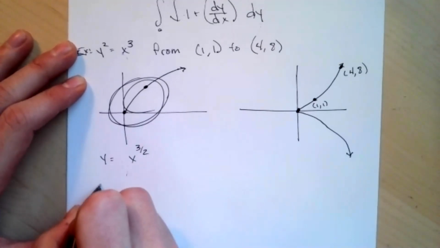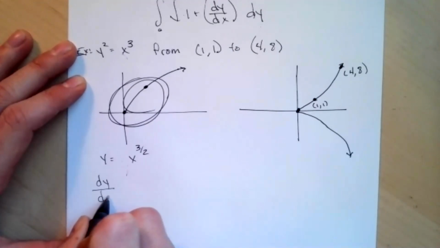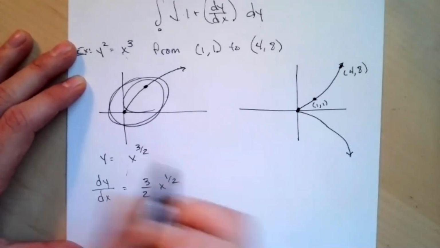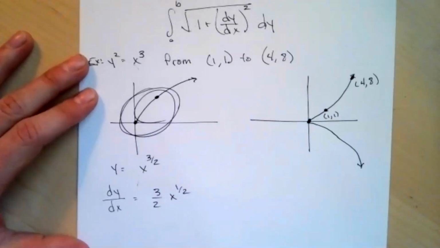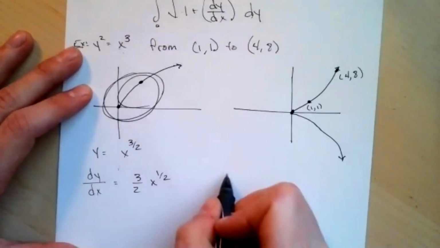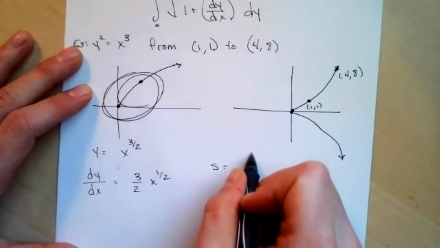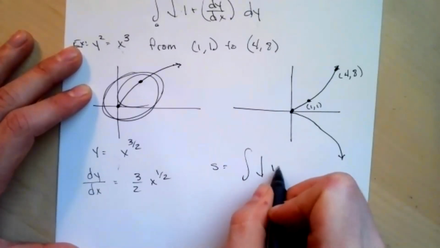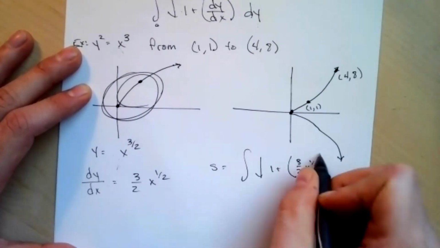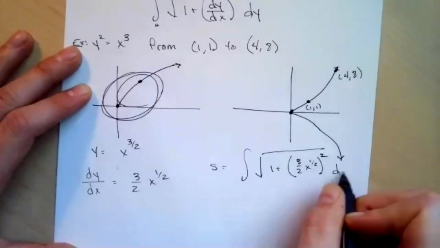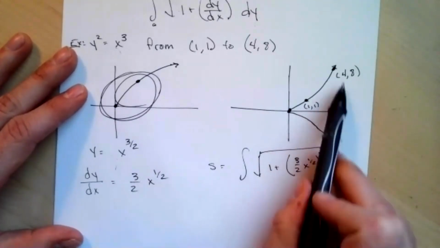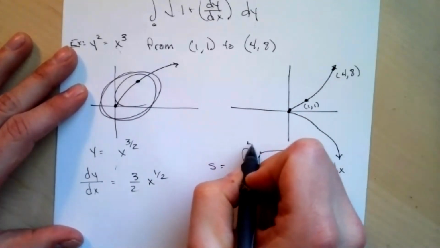And once we have that, we can compute our derivative. And now we just plug everything into the formula. We want to integrate the square root of 1 plus the derivative squared dx. And since we are integrating now with respect to x, we want the x coordinates that we are integrating in between.